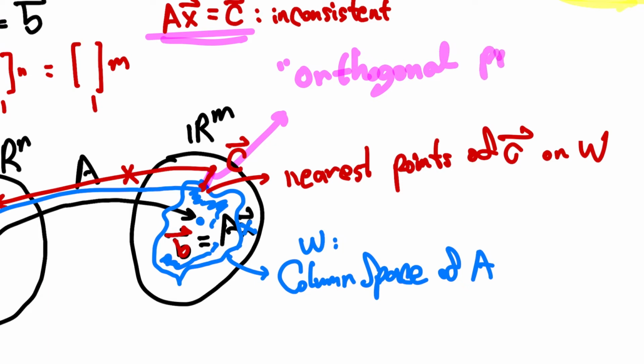In last week's lecture, we introduced what orthogonal means. Today we will use this concept to find the approximated solution of Ax = c.